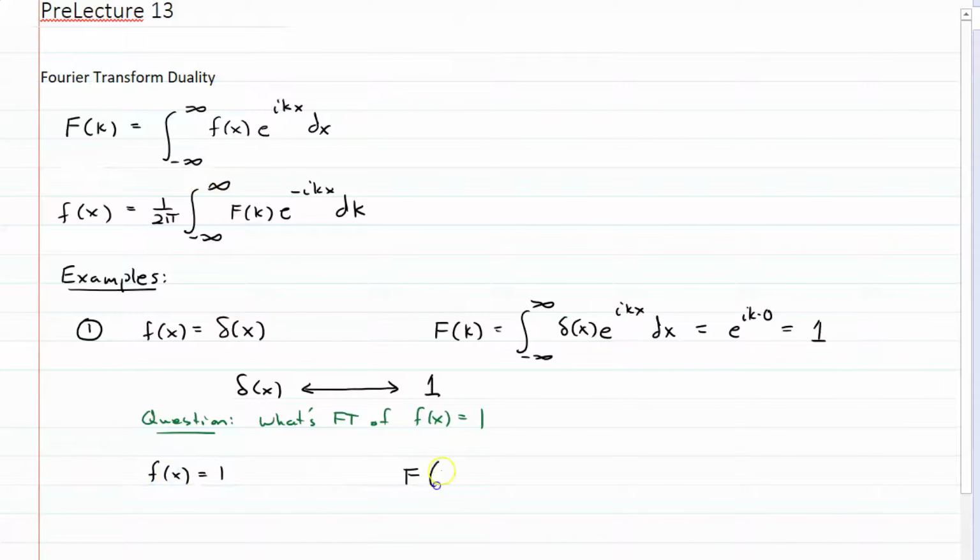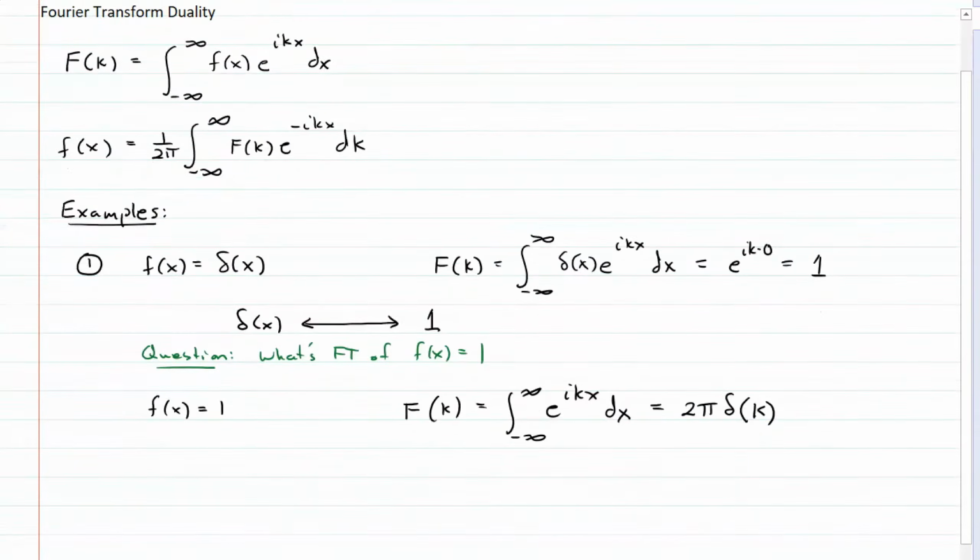And what is f of k? Integral from minus infinity to infinity of e to the i kx times 1 dx. And you have to remember, when you have an integral of e to the i something times x dx, that's a delta function with a factor of 2 pi. So this is 2 pi delta of k.